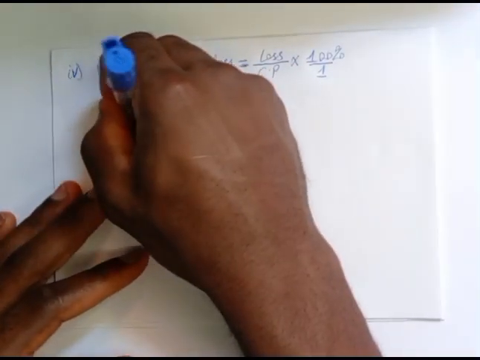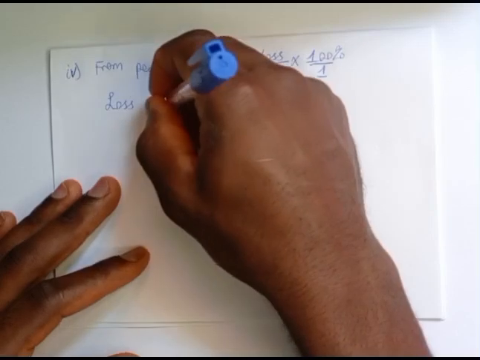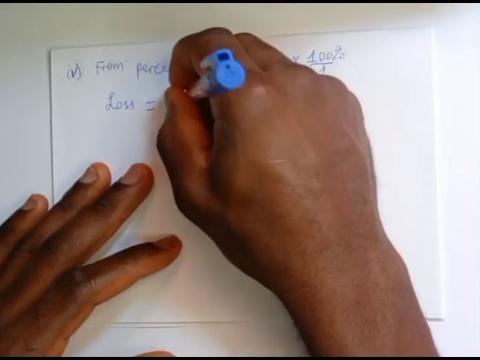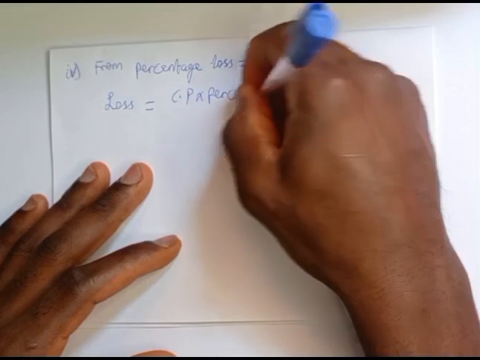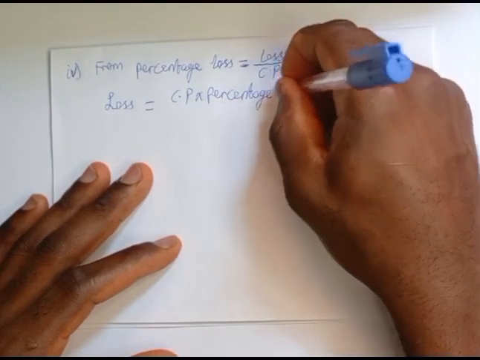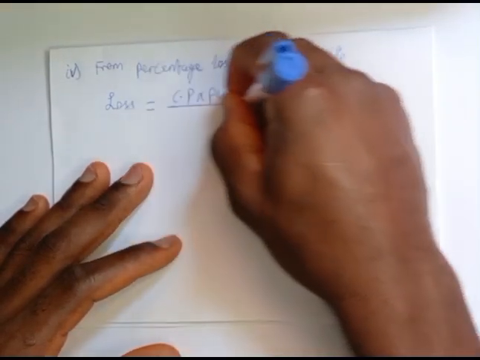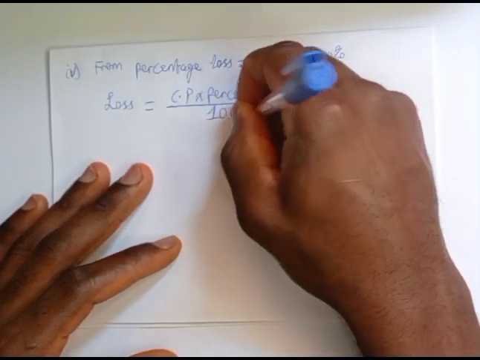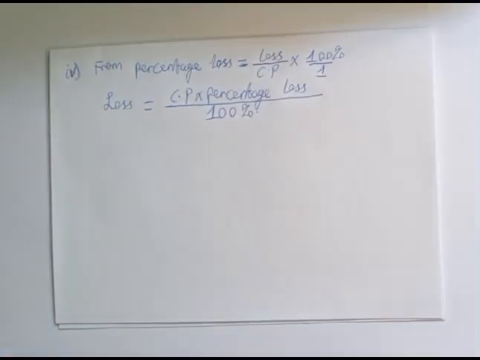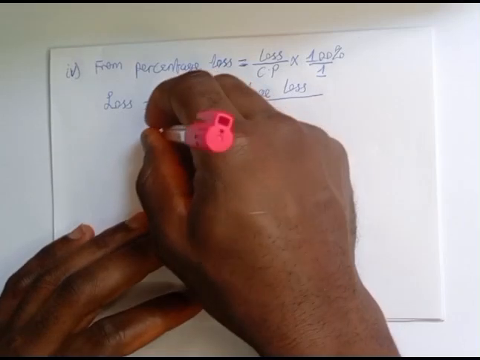We can find the loss. The loss is simply equal to the cost price times the percentage loss all over 100%.